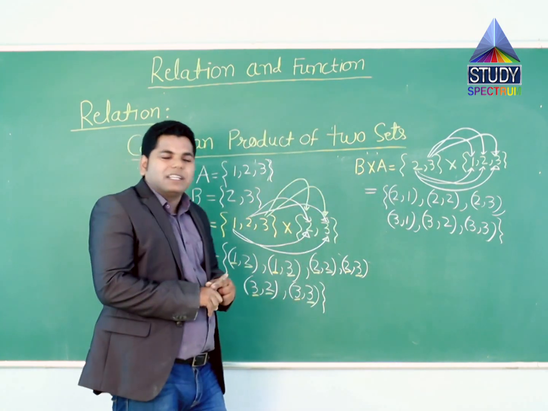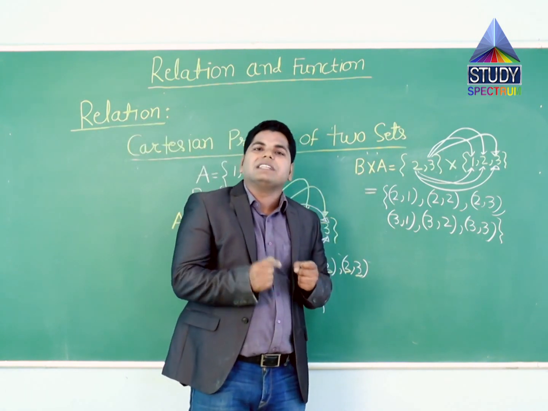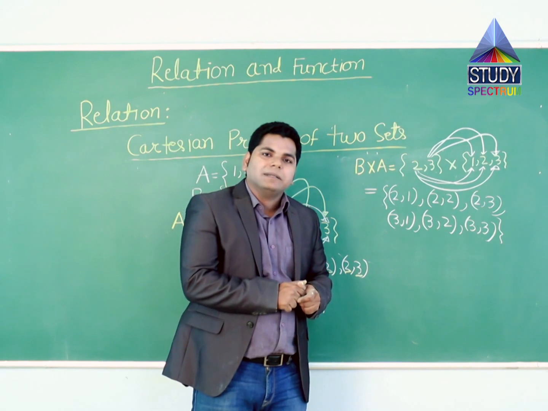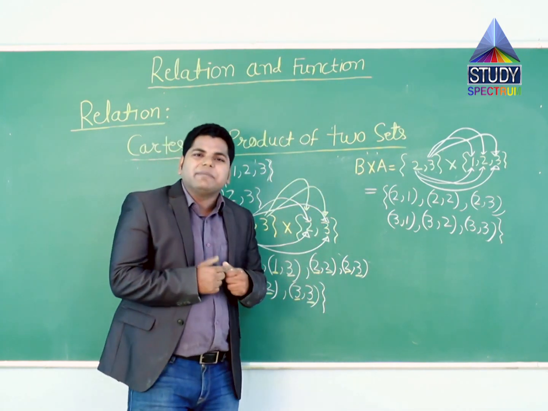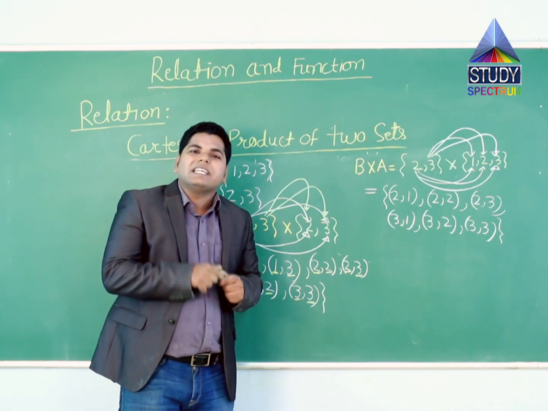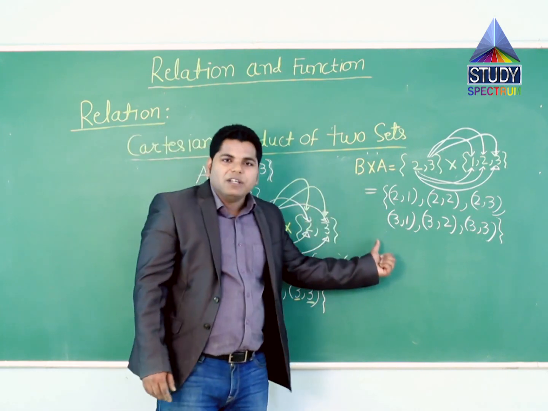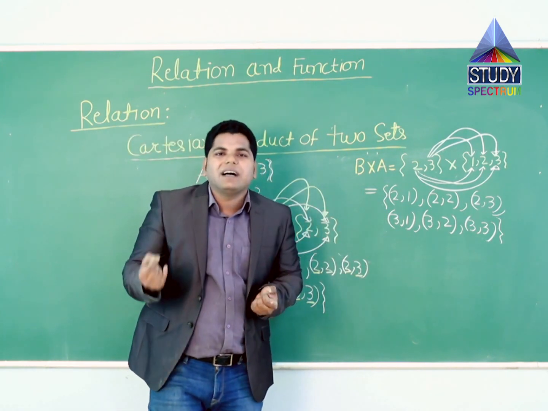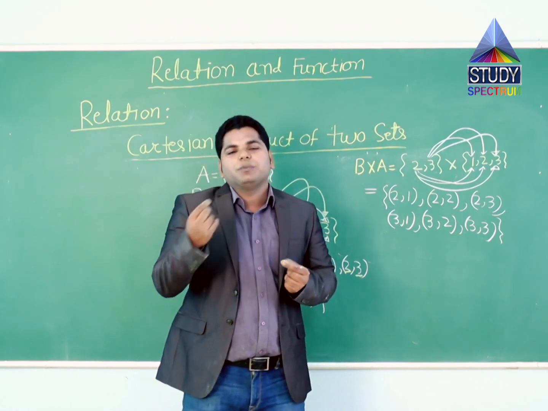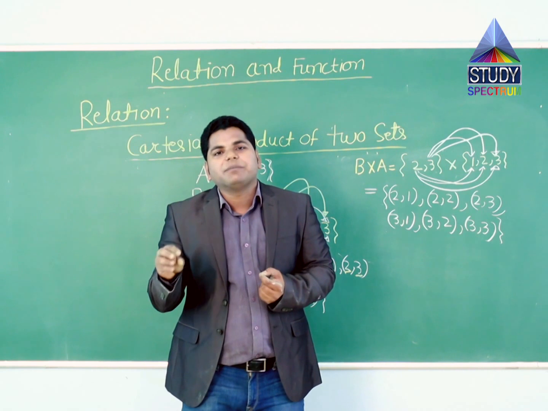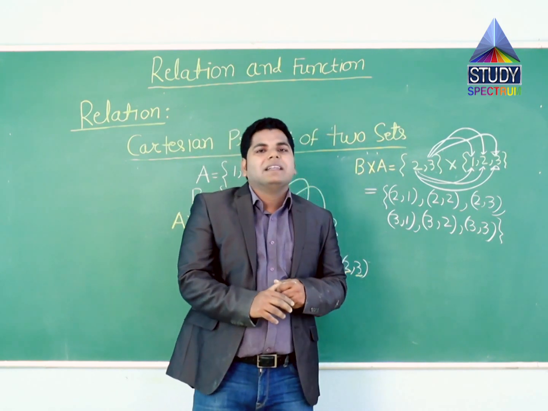If two sets are equal, A cross B and B cross A, both are sets, but sets of ordered pairs. Now if two sets are equal, it means they have the same elements in both. If two sets A and B are equal to each other, then every element of set A should be an element of B and every element of set B should be an element of A. But in this case we are not having that.